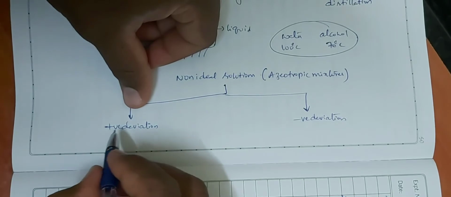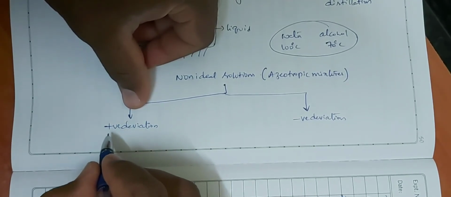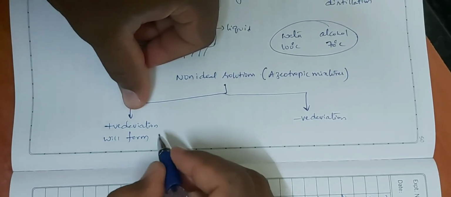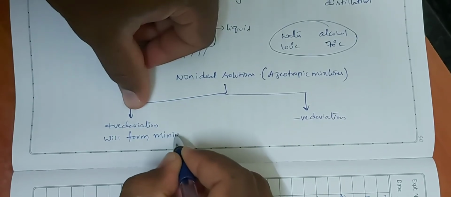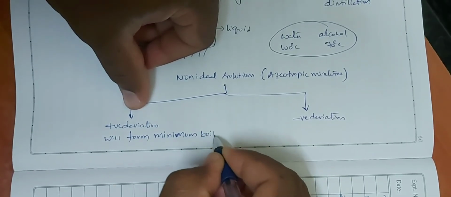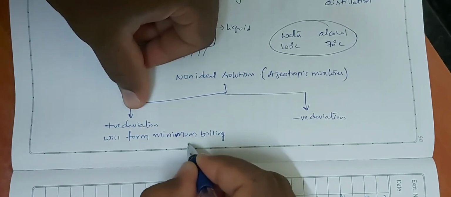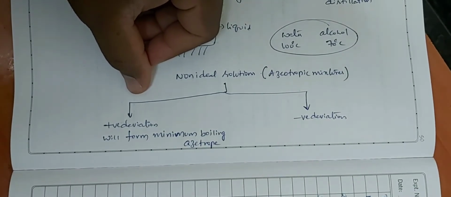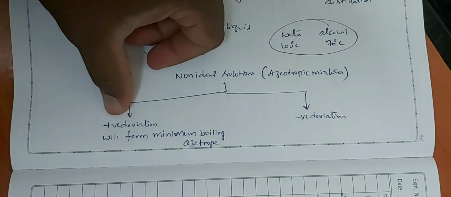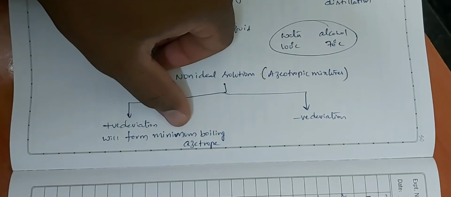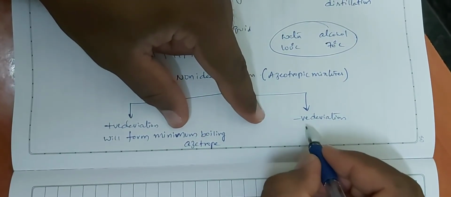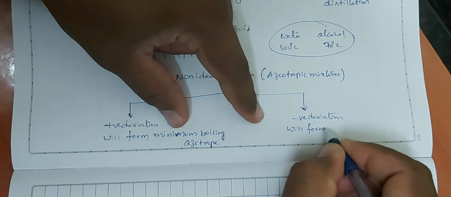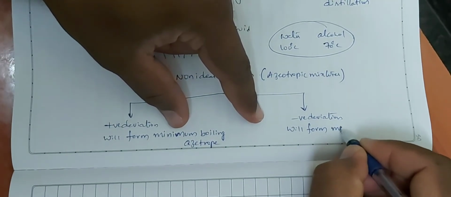The non-ideal solution which shows positive deviation from Raoult's law will form minimum boiling azeotrope, and non-ideal solution which shows negative deviation from Raoult's law will form maximum boiling azeotrope.